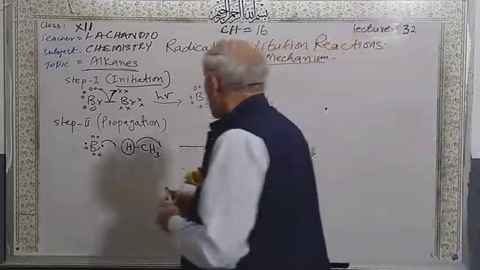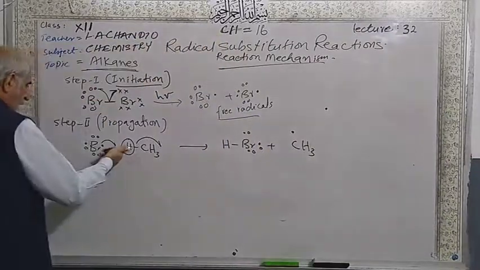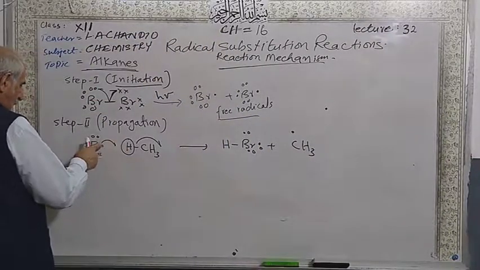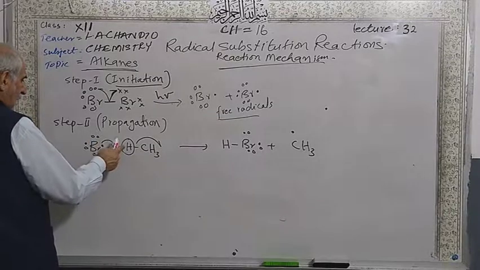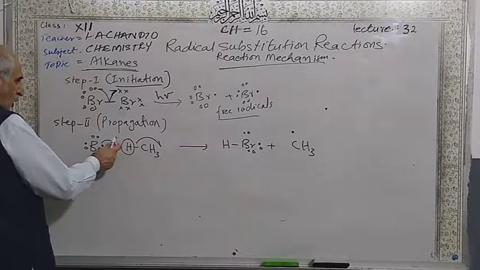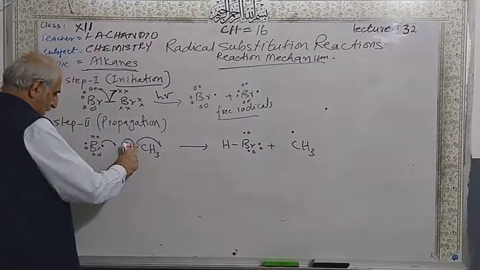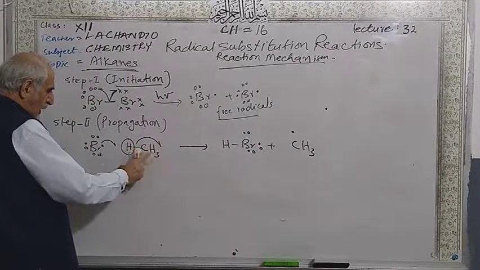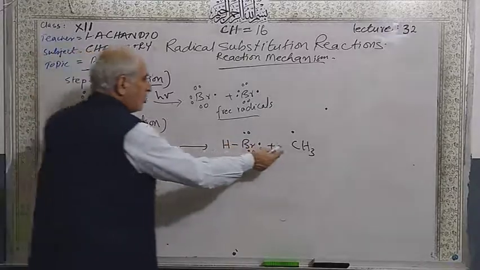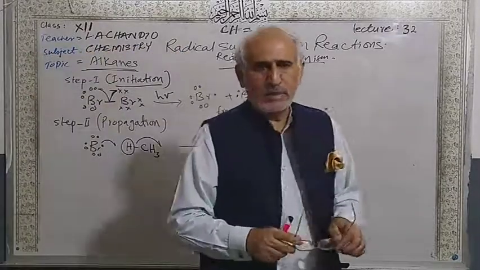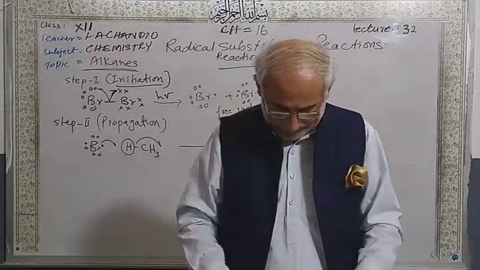A bond is formed between hydrogen and bromine. This is a free radical, and there is one electron to form a bond between hydrogen and bromine, and this is the dissociation of the bond between the hydrogen and the methyl group. So you will get a methyl free radical.